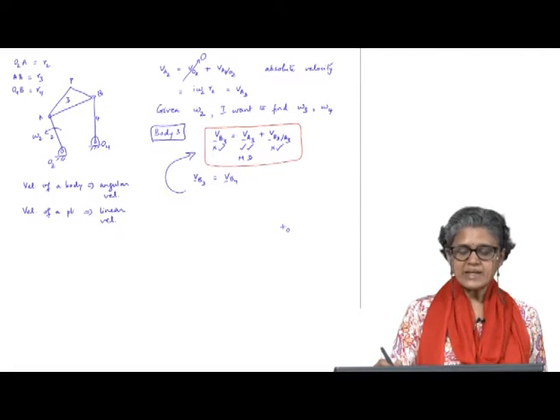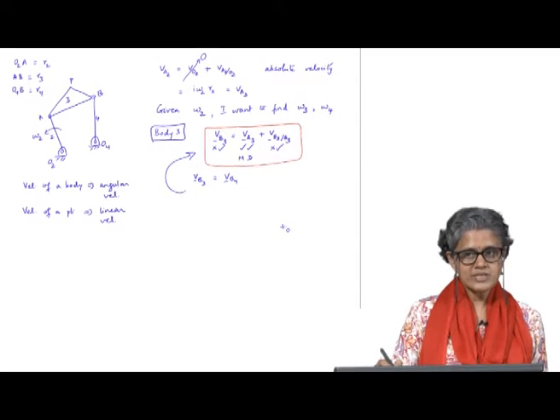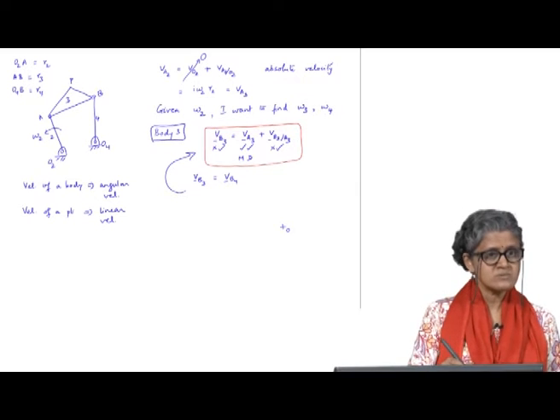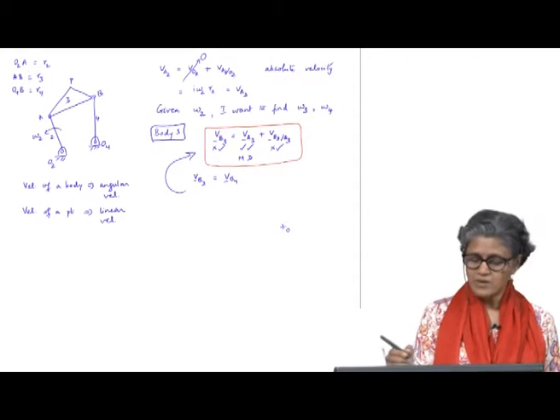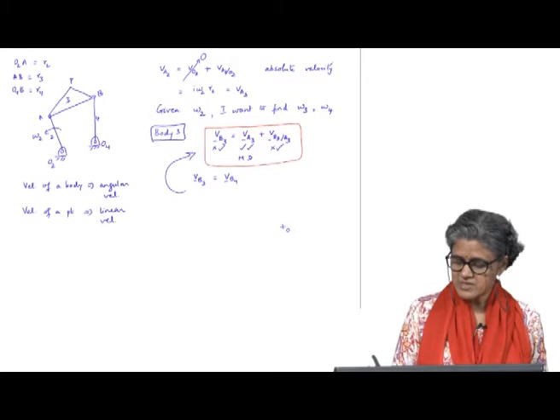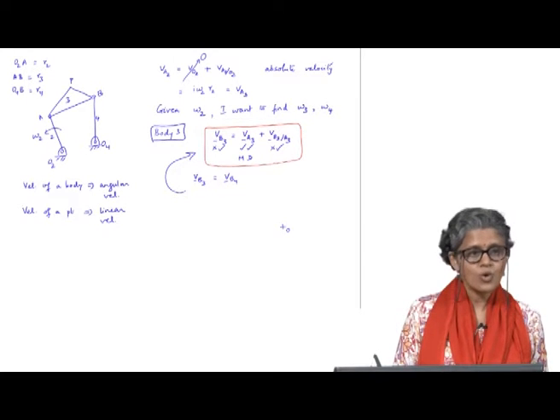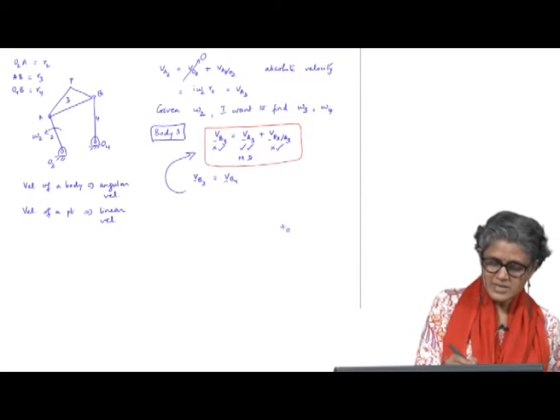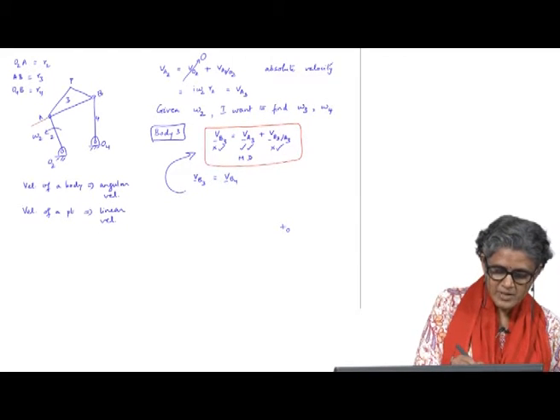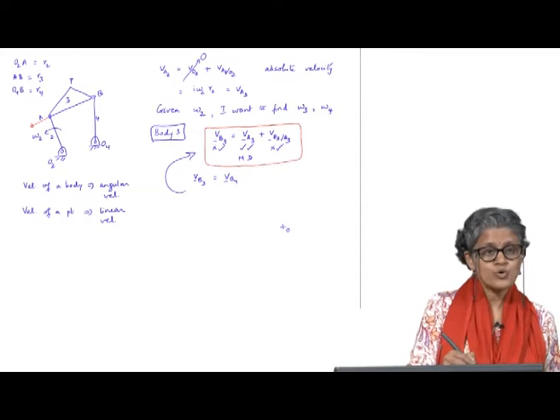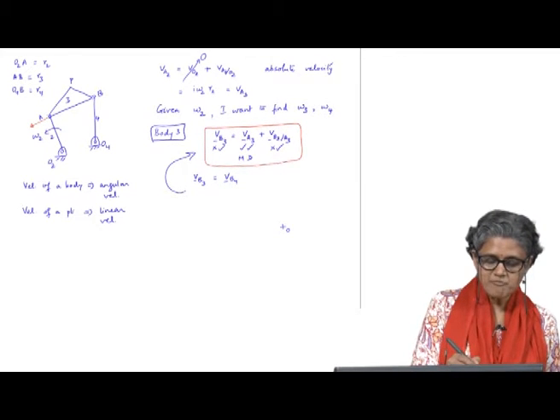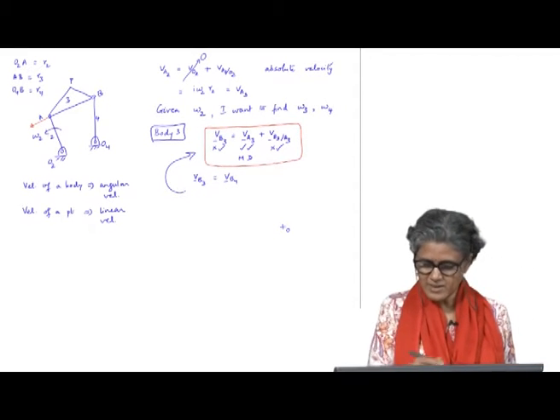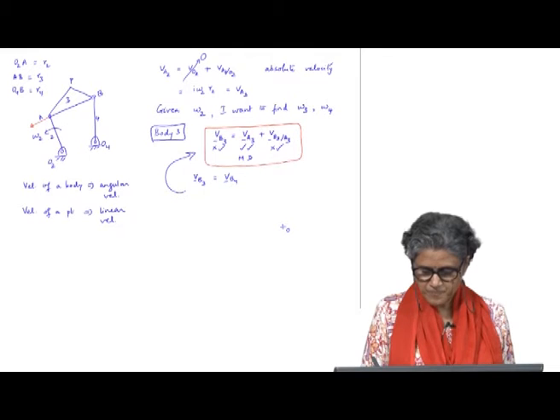This is the one that is completely known, velocity of A on body 3, and I know that it is an absolute velocity, because it is with respect to one of the fixed pivots. So, it will start from O, the velocity vector. I know that velocity of A3 is going to be perpendicular to O2A, and it will be of magnitude omega 2 into R2. So, I know that vector completely. So, I transfer that.